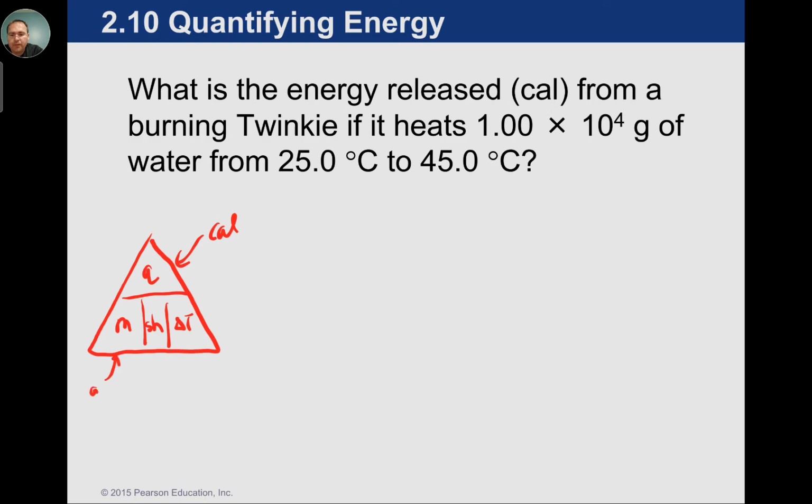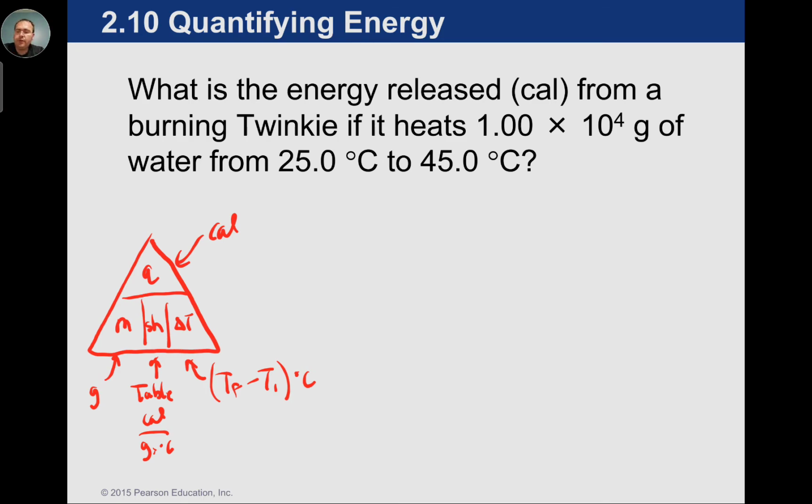Mass is grams. Specific heat comes from that table. And that's calories per gram times degrees Celsius. And then delta T is change in temperature, that's temperature final minus temperature initial. And that's in degrees Celsius. Notice grams will cancel, Celsius will cancel, and calories will cancel.